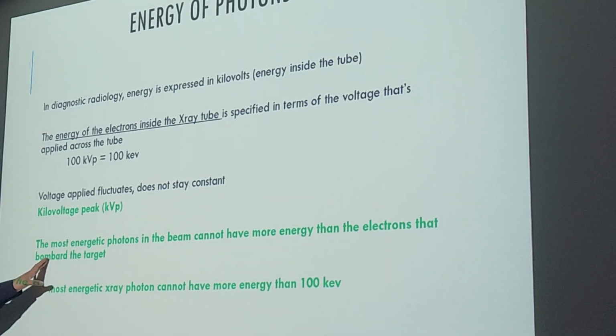So if your kVp is 80, that means the strongest part of your X-ray beam is going to have 80 kVp. That also means your electrons cannot have more energy than 80. That's the highest it can be. That's all it means.